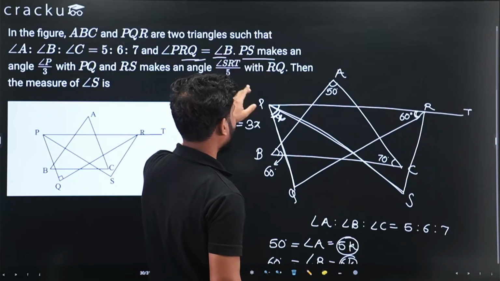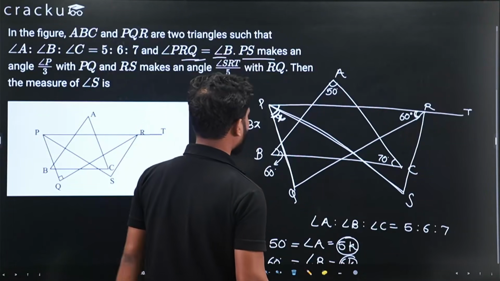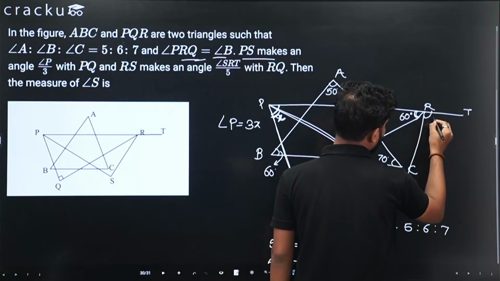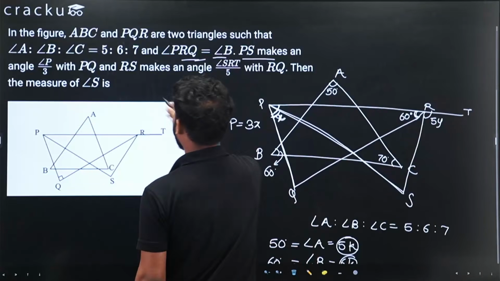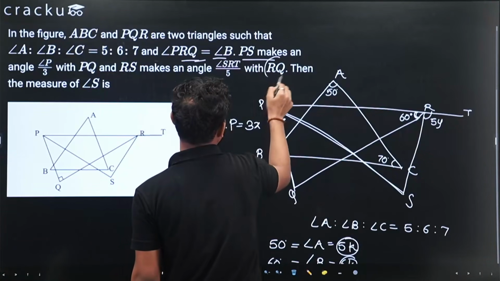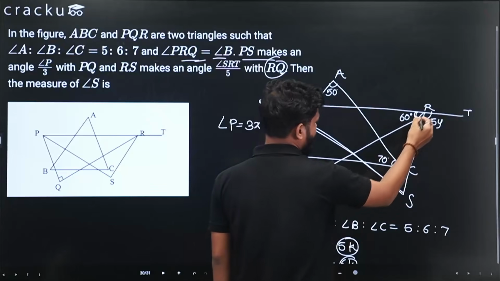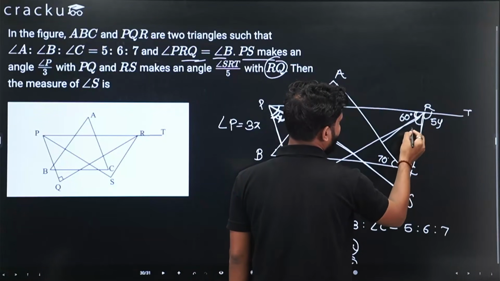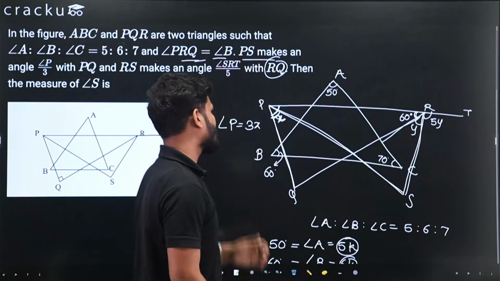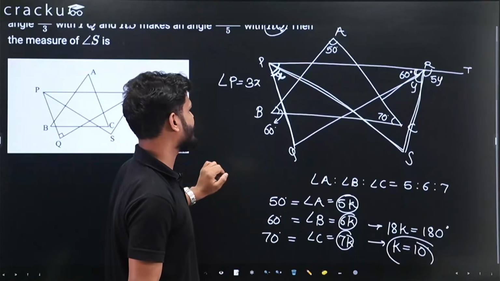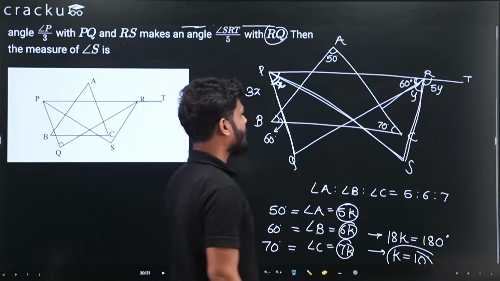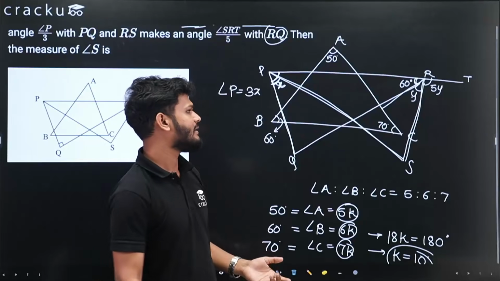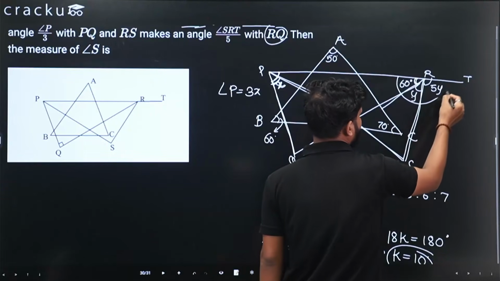RS makes an angle SRT by 5 with RQ. So I have SRT. Let us say SRT is 5y. Then RS will make an angle with RQ, which is divided by 5. So RS is this one, RQ is this one. So this angle will be 5y by 5. This will be y. Now can you find the value of y? Yes, you can find the value of y. How can you find? 60 plus y plus 5y will be 180 degree, because this complete angle is 180 degree.